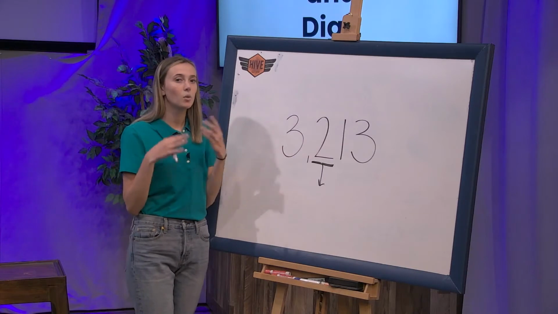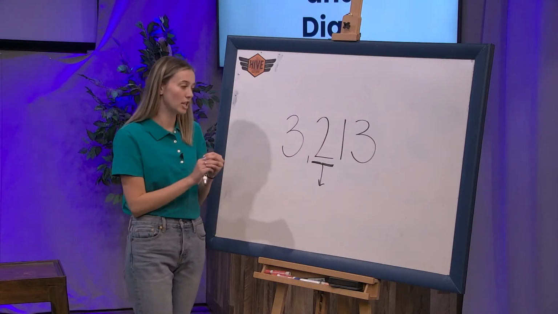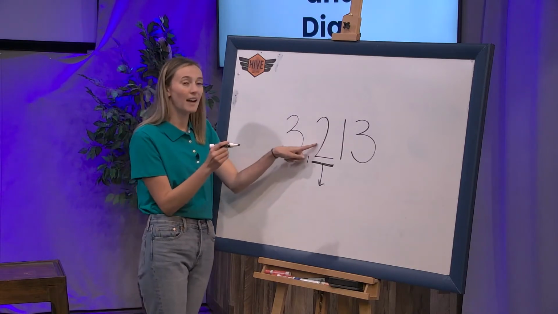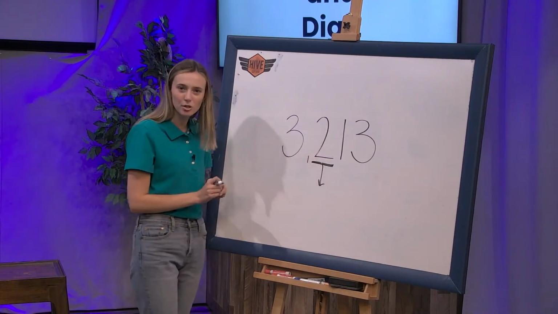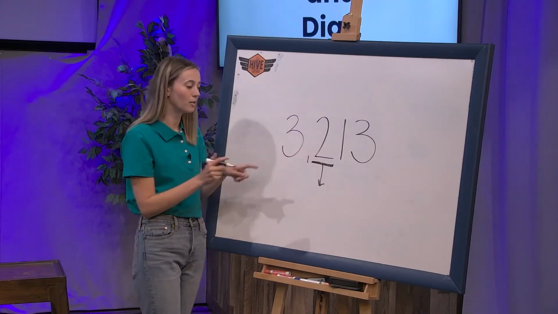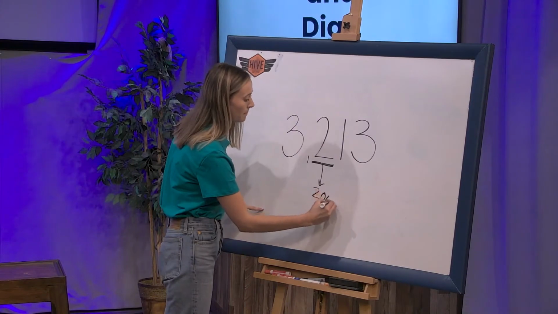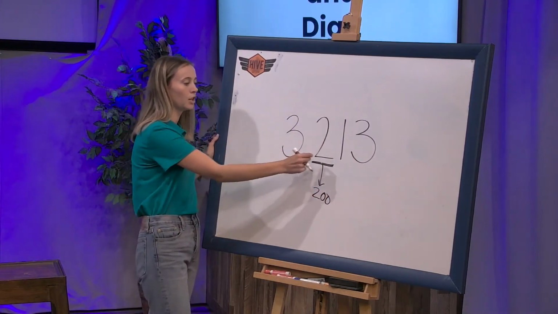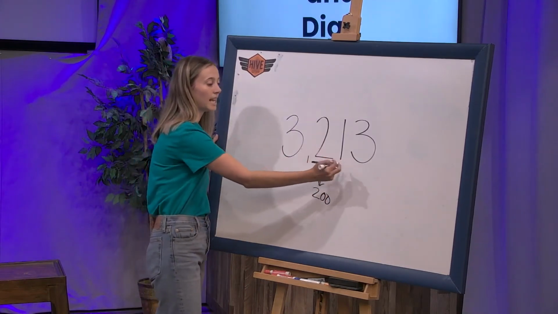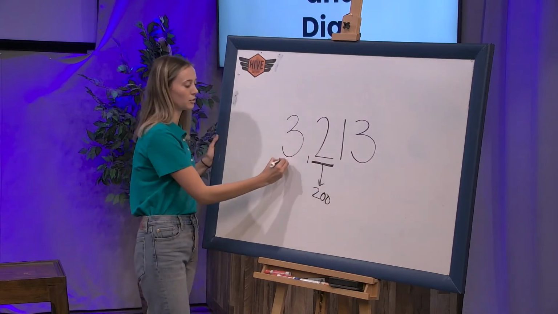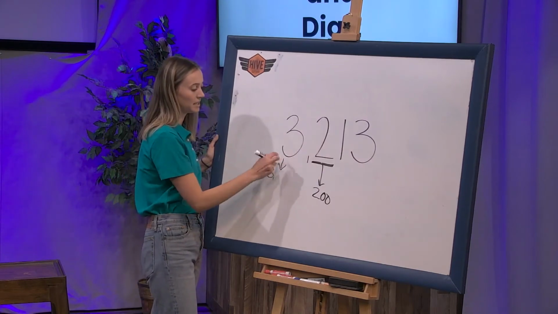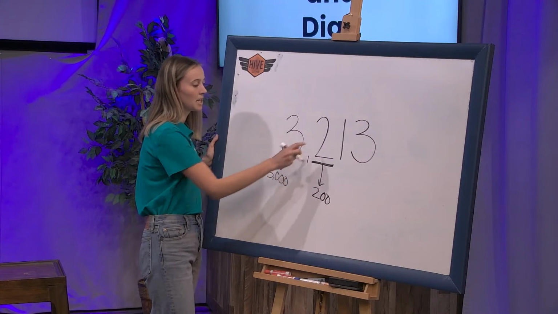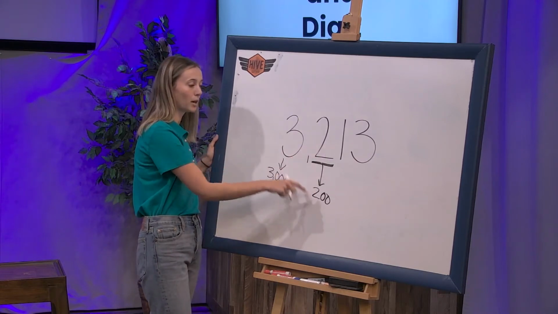This digit is a 2. And today, we're talking about the value of the digit. So the value of this 2, is this just a 2? No, it's 200. We have 3,200, a 10, and a 3. Let me just write that out for you. The value of this digit is 3,000. The value of this digit is 200.